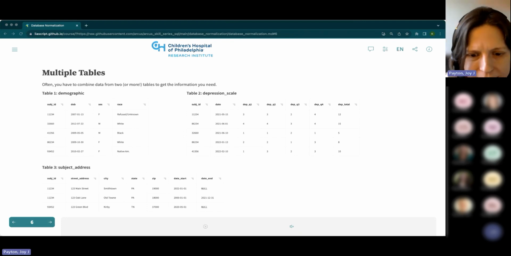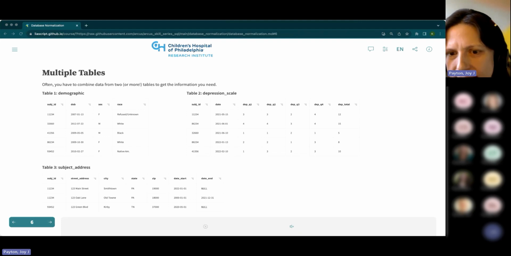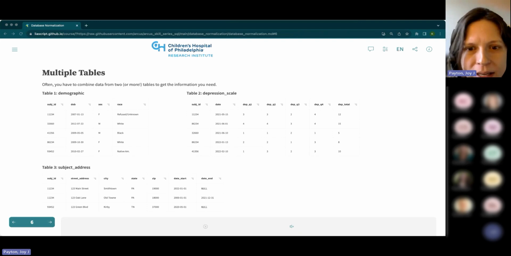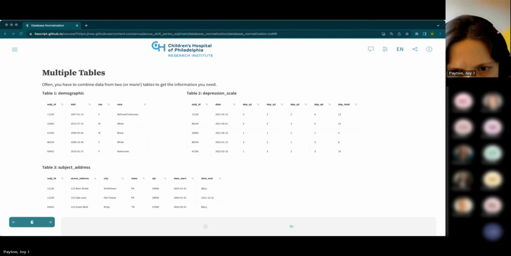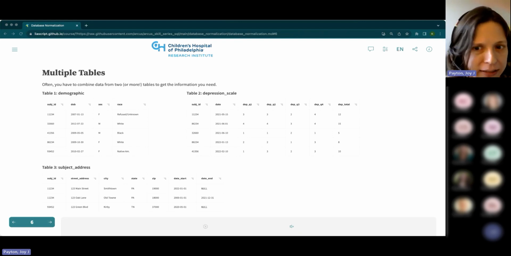All right, so if we look at these tables, we can see that we've got multiple tables that describe a research study about depression. So let's say we're studying depression in research subjects who live in different areas. And you have lots of tables of data, maybe many more than we're showing here, but we're just going to show a sample. So we have one of these tables that has demographic data about our subjects. That's very typical in a research study.